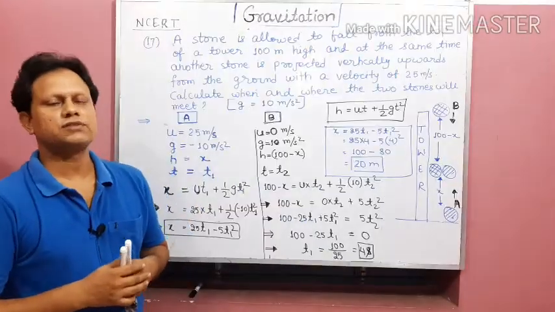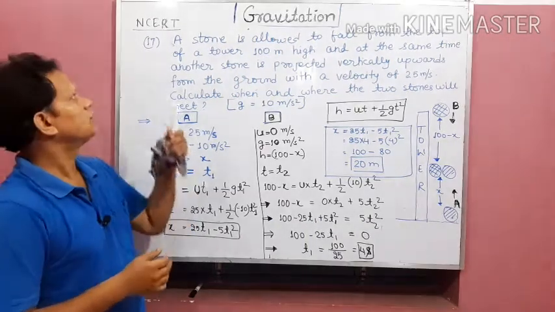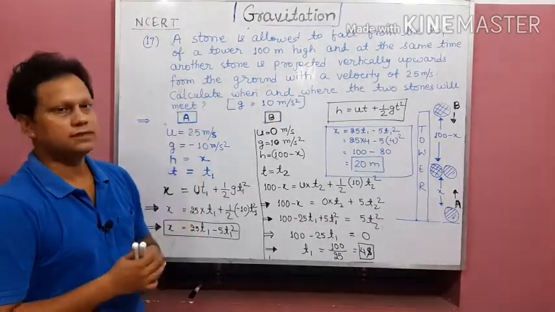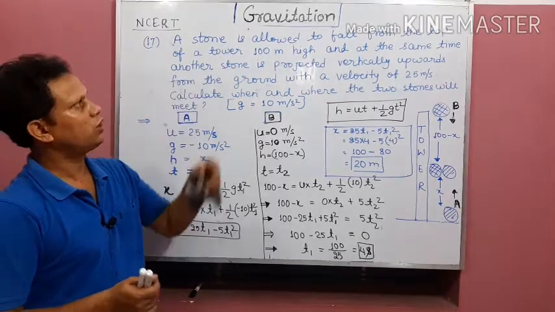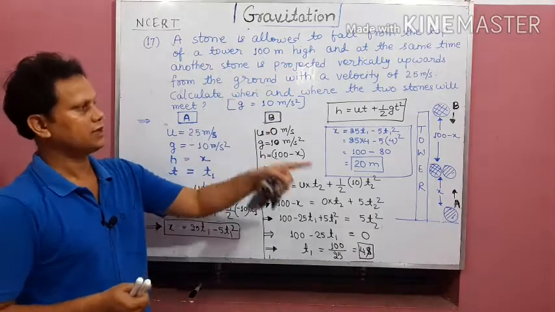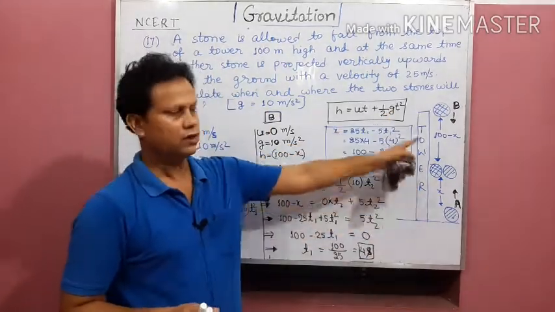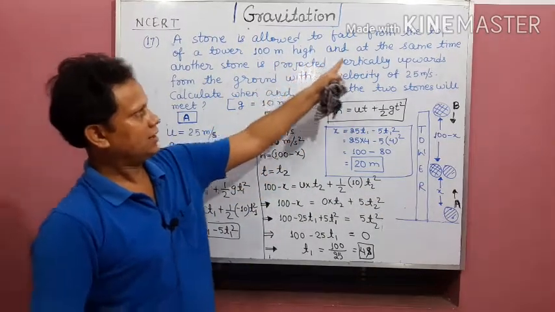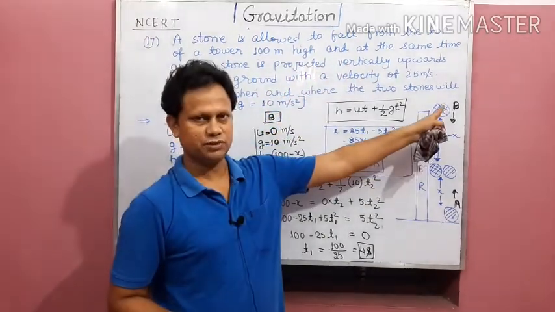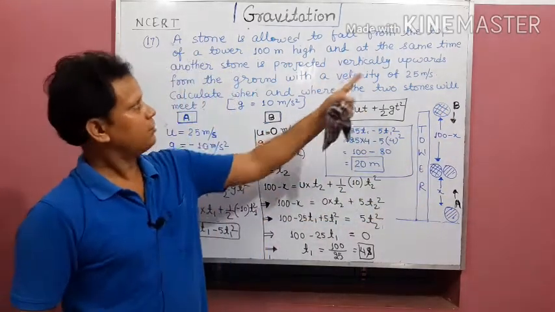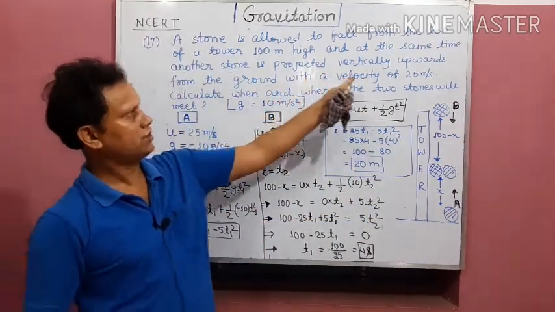Okay. The next question which I have selected is question number 17, and it is like this. A stone is allowed to fall from the top of a tower 100 meter high. Suppose this is a tower with a height of 100 meter. At the same time, one stone, suppose B, has been released from the top of the tower, and another stone is projected vertically upward.